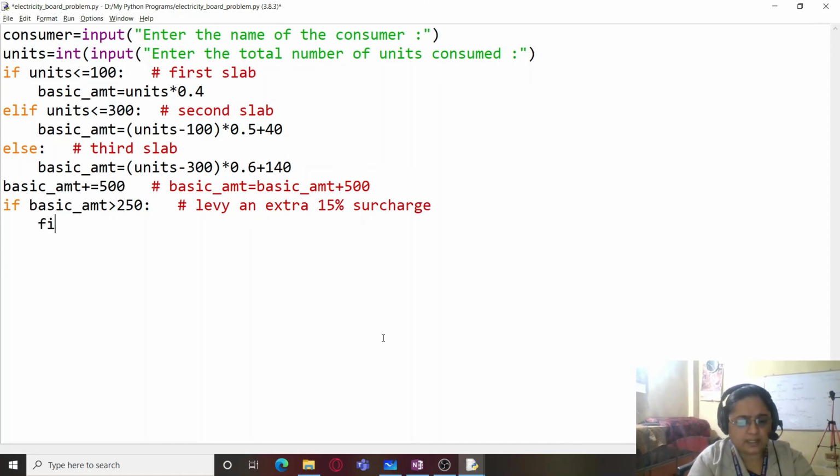So you will be writing final amount equals basic amount plus basic amount multiplied by 0.15, which is your 15% surcharge. Else you can simply write final amount equals basic amount.